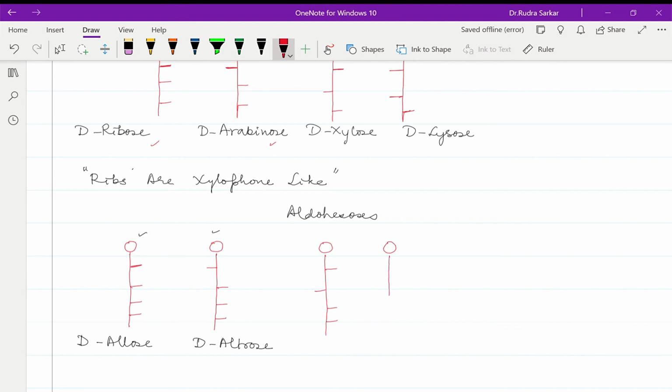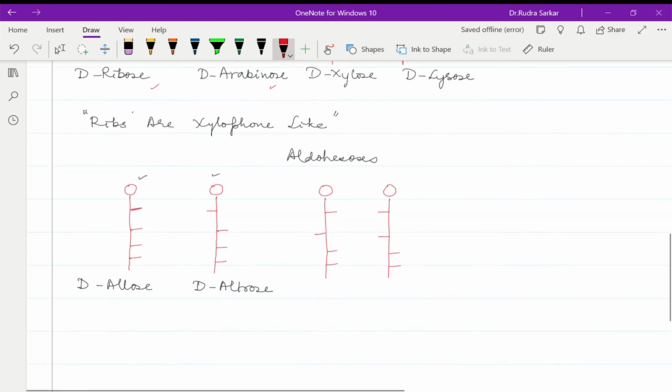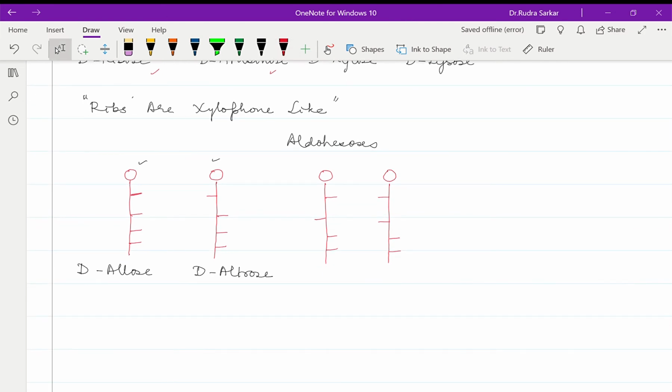Similarly, 1, 2, this side, then you place another one that side. So the first molecule is nothing but your glucose, and the second one is called D-mannose.